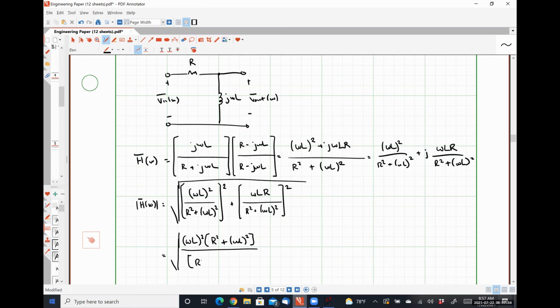And I have R squared plus (omega L) quantity squared. So this guy in the numerator cancels out one of my powers in the denominator, and I'm left with omega L divided by the square root of R squared plus (omega L) quantity squared.